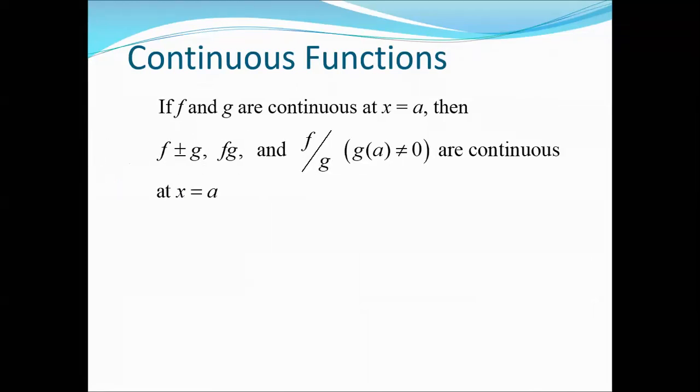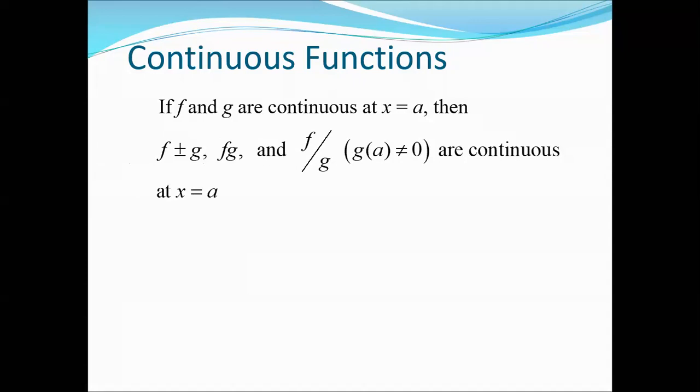Continuous function. Simply, addition of two continuous functions is continuous. Subtraction of two continuous functions is continuous. Multiplication of two continuous functions is continuous, and division of two functions is again continuous at a point if and only if the denominator is never 0 at that point.